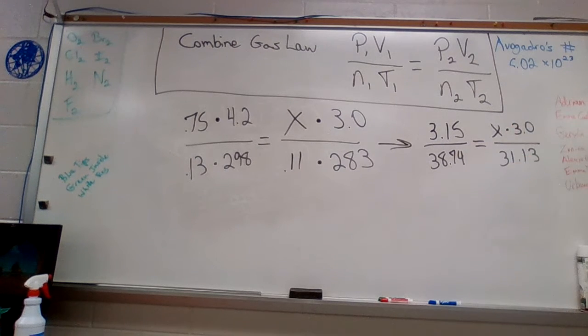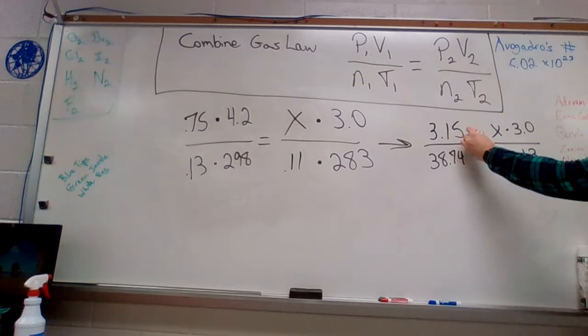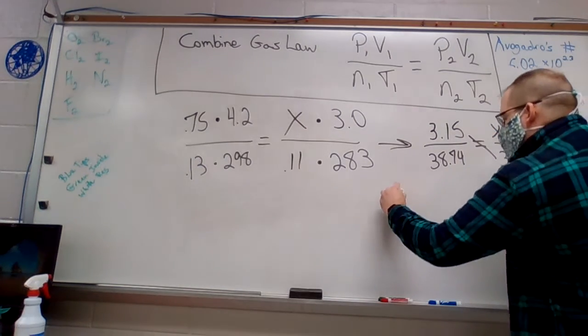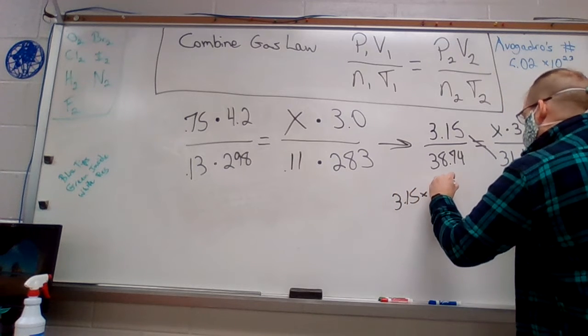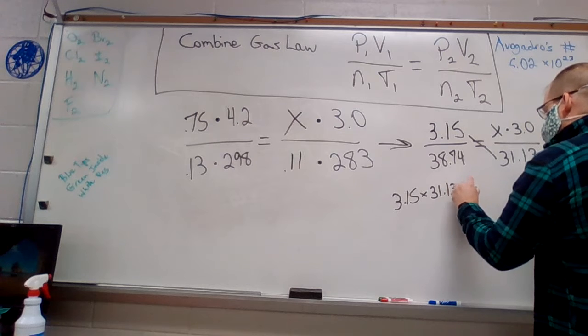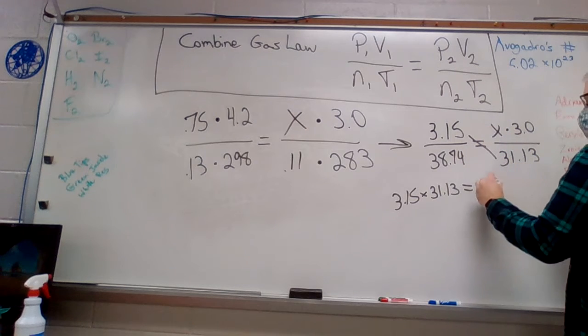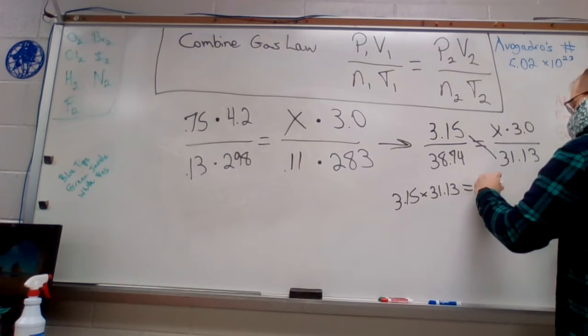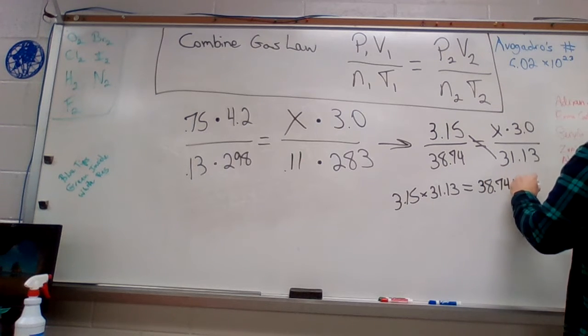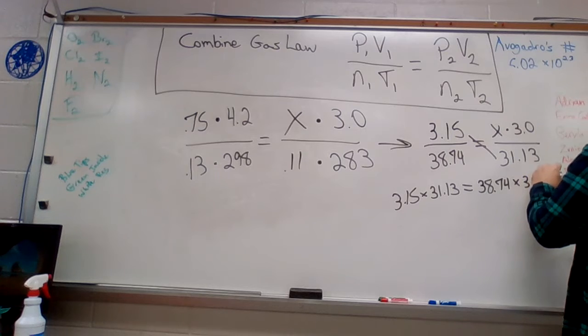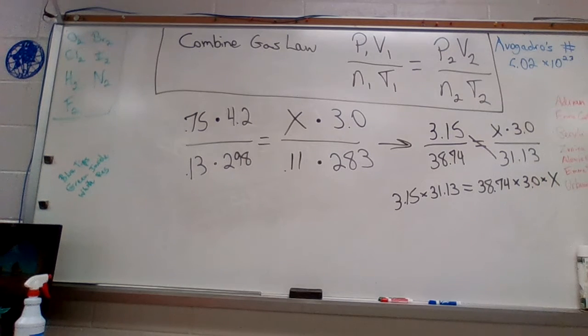Now I can cross multiply, and it'll be a little easier for me to get done. So when I cross multiply, I multiply these together. 3.15 times 31.13 is equal to these two multiplied together, 38.74 times 3.0 times X. Now I just need to solve for X, so I need to get that by itself.